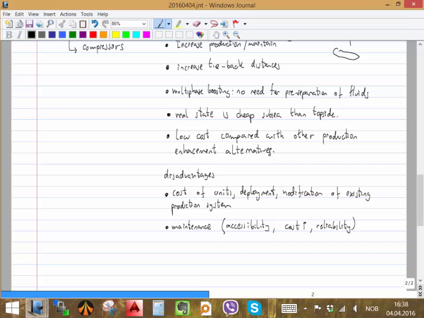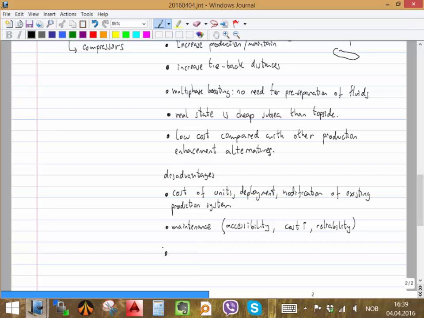For example, it's not the same to install a subsea booster here in the North Sea, where we don't have very high water depth, as in the Gulf of Mexico, where we have to go 2.5 kilometers down to reach the pump. That might be a big issue. So reliability is very important.